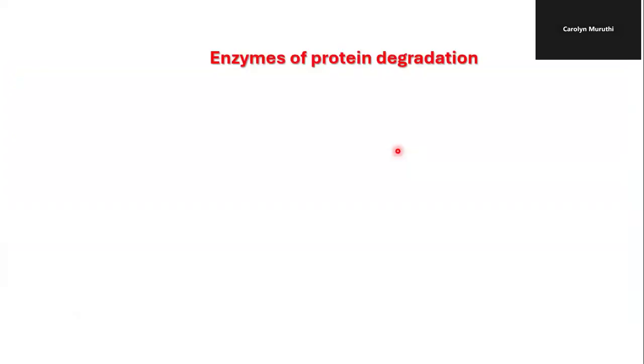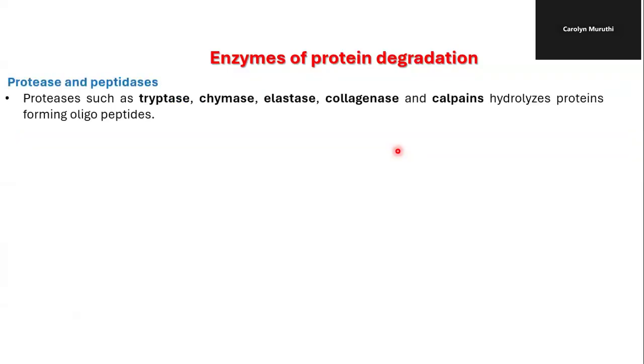It's also important to look at some enzymes that are involved in protein degradation once the proteins are marked for degradation, and these include the proteases and the peptidases. We have examples of proteases such as collagenase and elastase, which hydrolyze proteins forming oligopeptides, that is, many peptides.